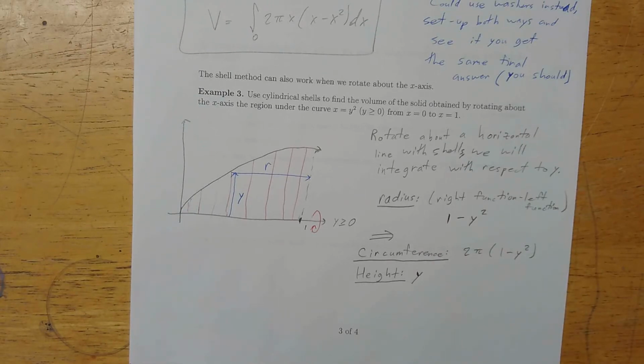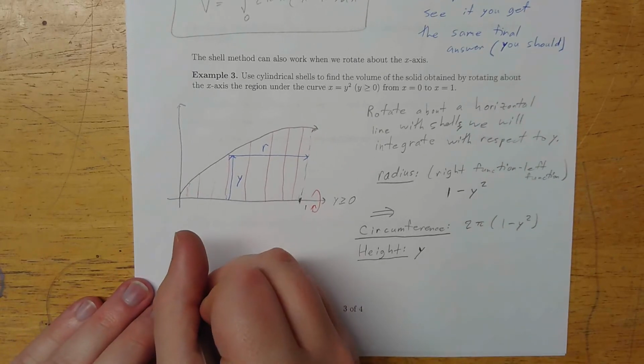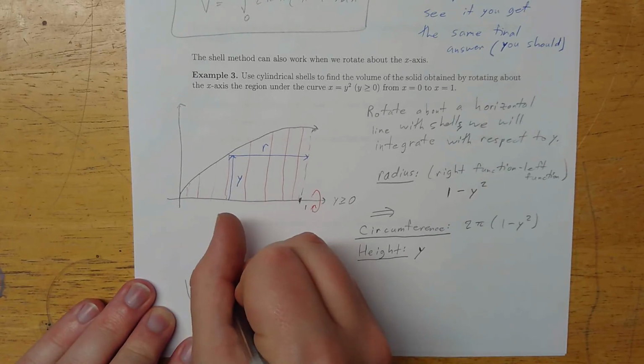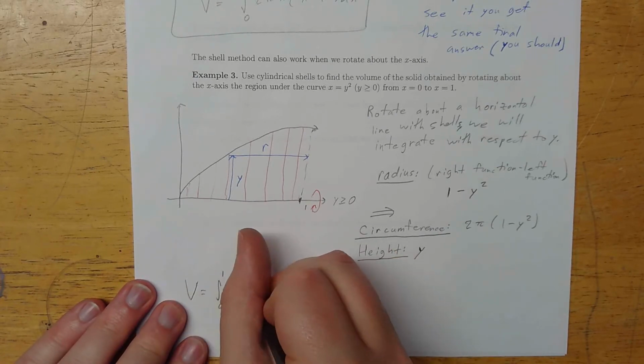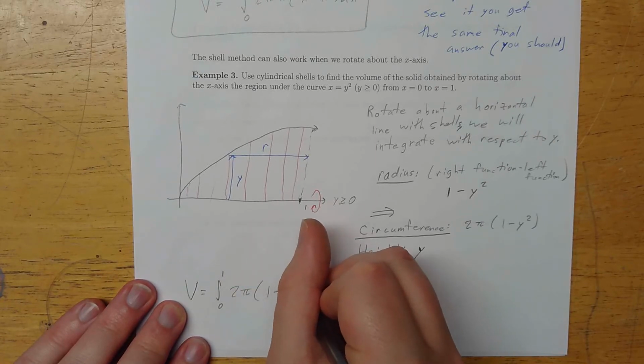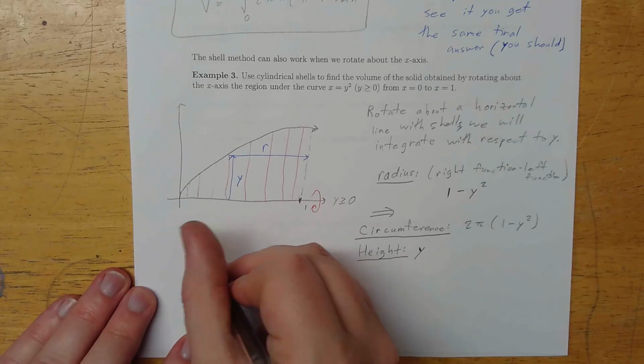And so what this means then is that our volume will be found by taking the integral from 0 to 1 of 2 pi times 1 minus y squared times y dy.